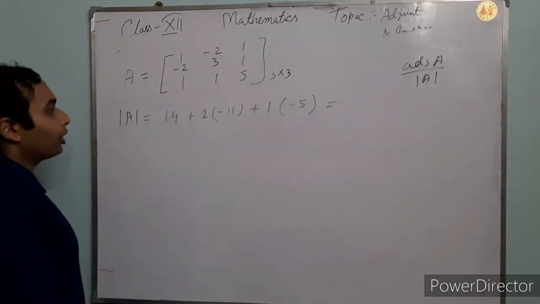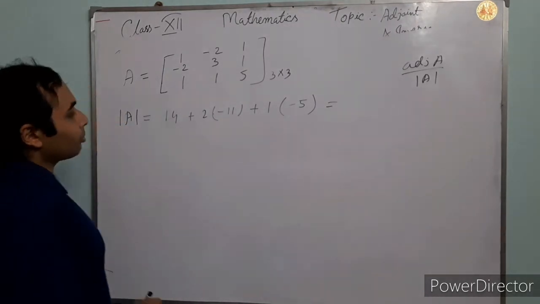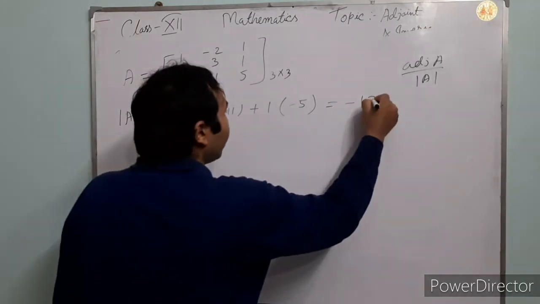So it is 14 minus 22 minus 5, that is minus 27. So it is coming minus 13.